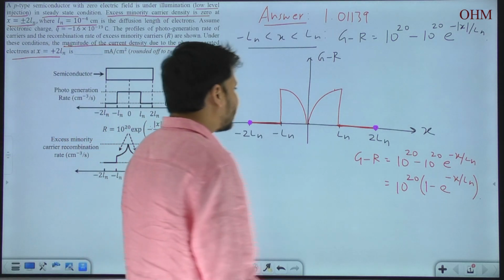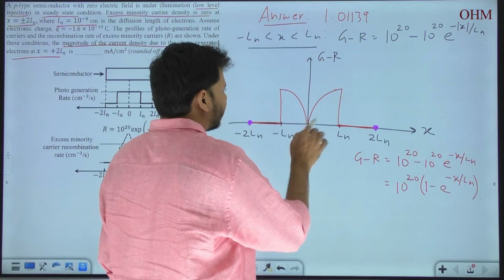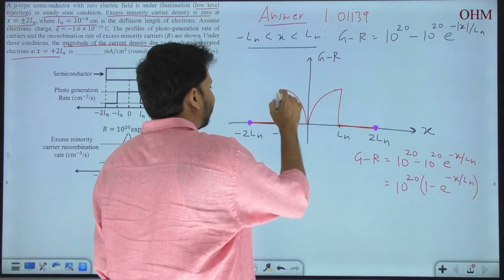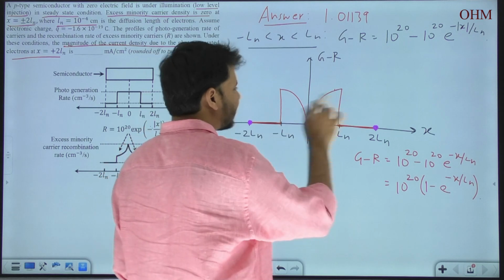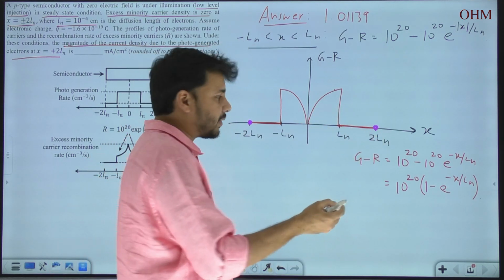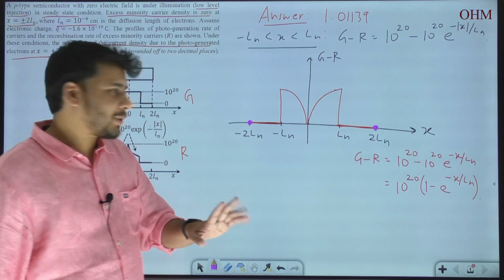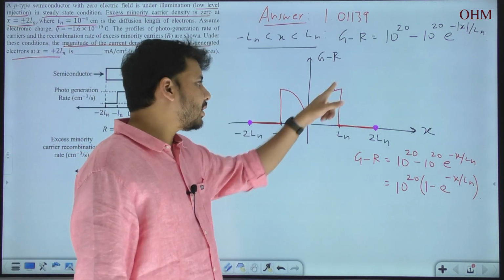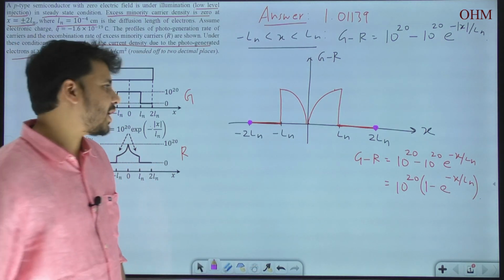You see, if you look at the red color graph, G minus R at x equal to ln and also at x equal to minus ln is maximum. Whereas here it is 0. G minus R is 0. But here G minus R is maximum. So you would expect that at x equal to ln, you are going to have a good number of excess minority carriers.